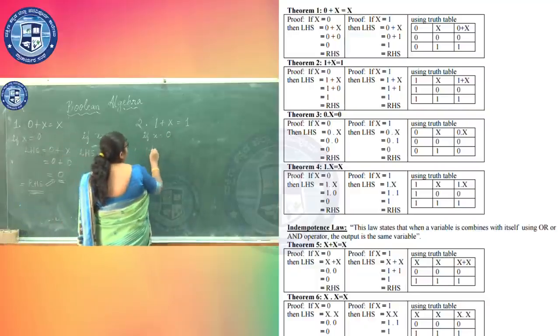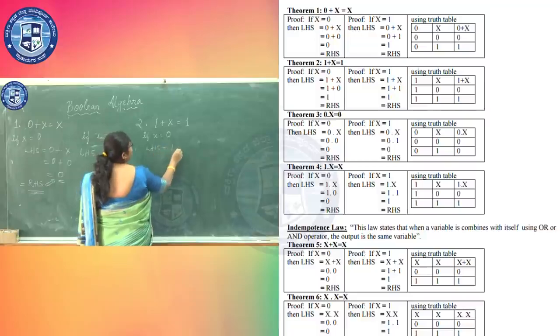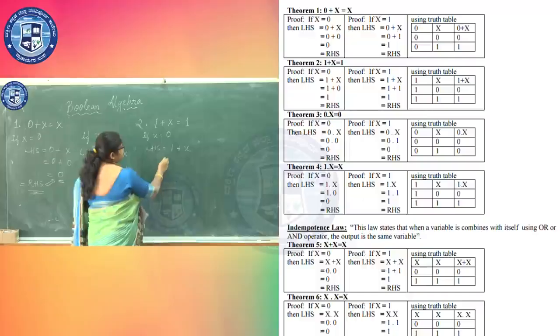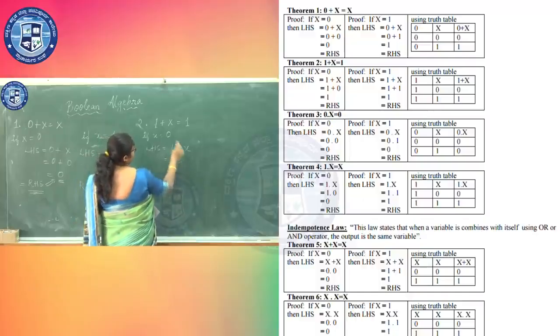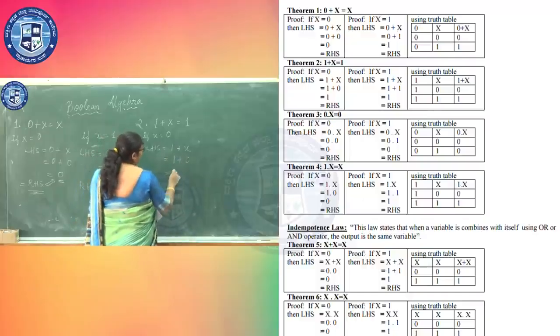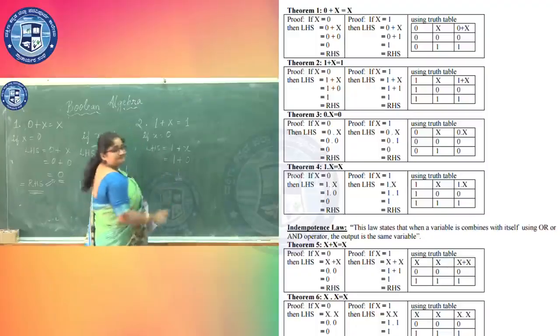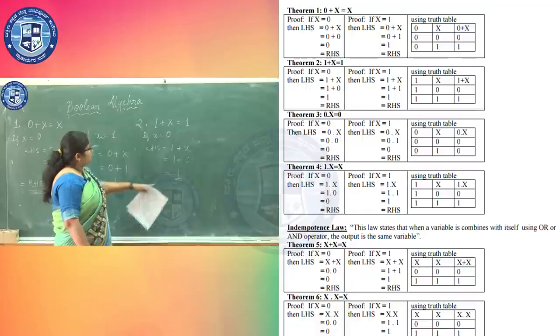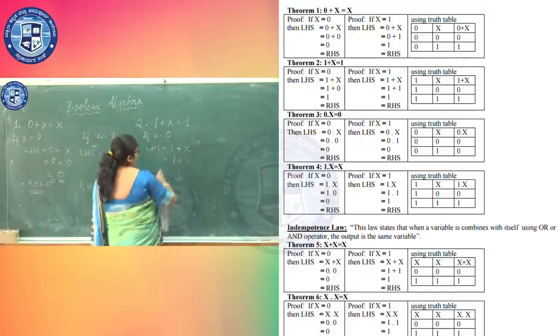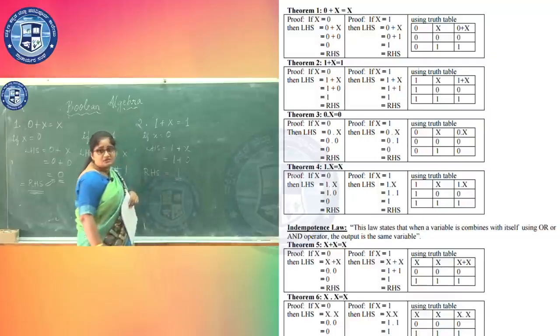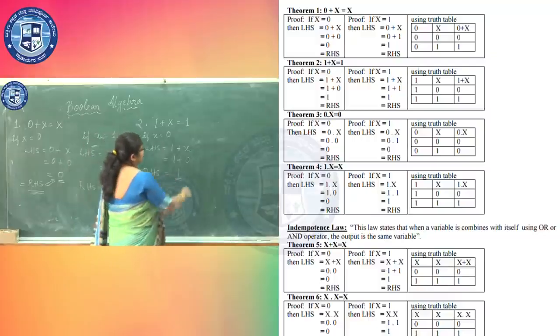So we shall take the LHS, 1 plus x. 1 plus x, where the value of x is 0. What is 1 plus 0? That is 1. Alright. So we got the RHS. So LHS is equal to the RHS.